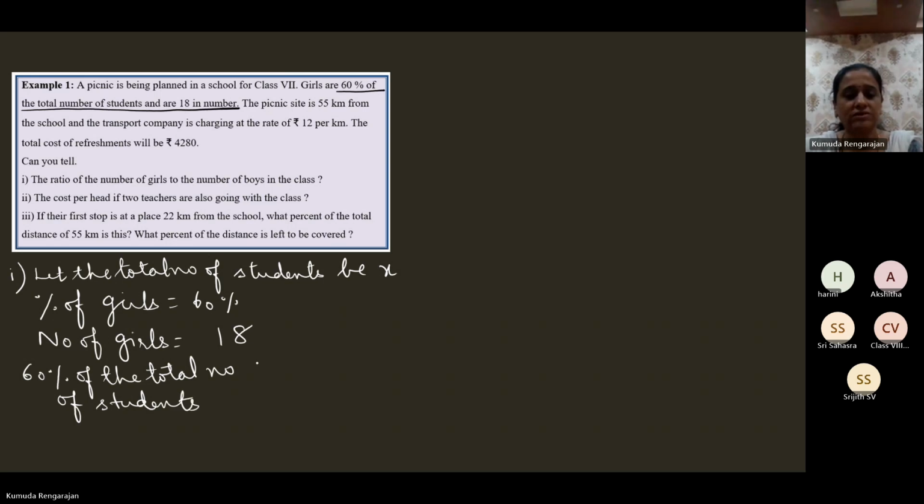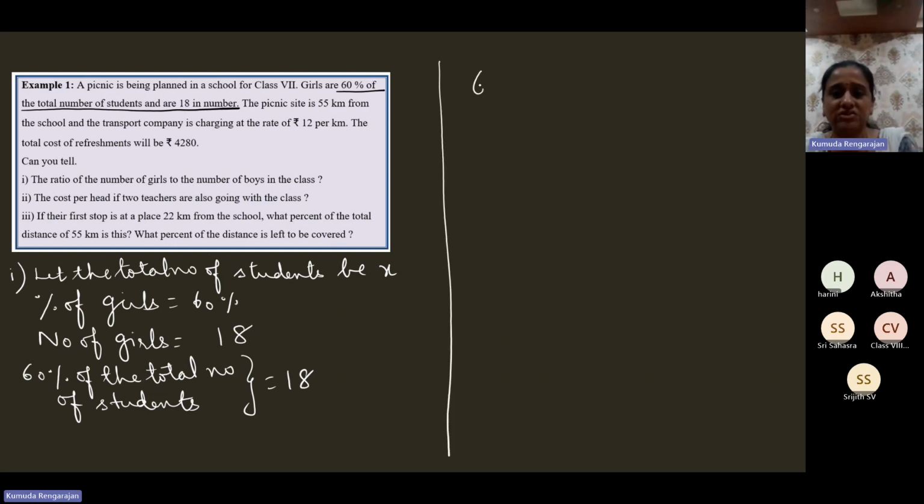So 60% of the total number of students is 18. You should understand this. 60% of the total number of students is 18, because 60% is the percentage of girls and 18 is the number of girls. So both are equal.